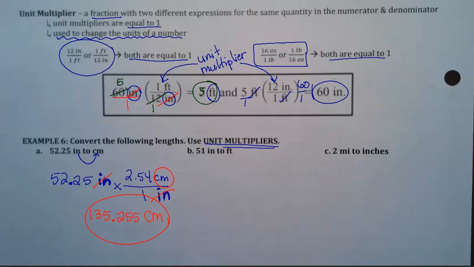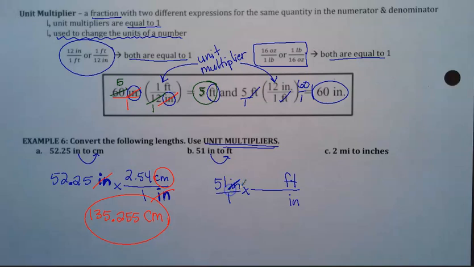Okay, let's do B. We want to do 51 inches to feet. So let's check it out. We have 51 inches times. We need inches in the denominator, and we're converting it to feet, so the feet are going to go up there. We want inches in the denominator because it's the value we were given in the numerator of 51 inches.